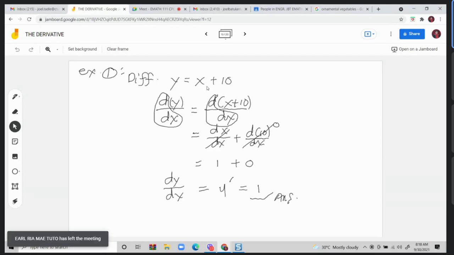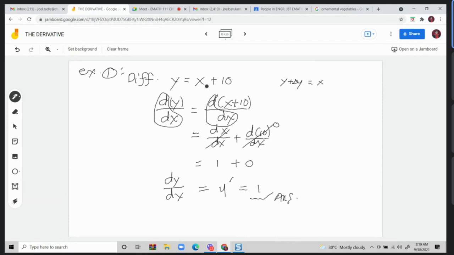So y plus delta y for y, then equal to x plus delta x for x, then plus 10.